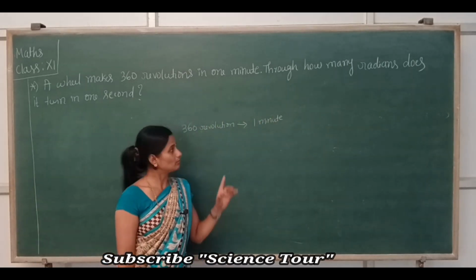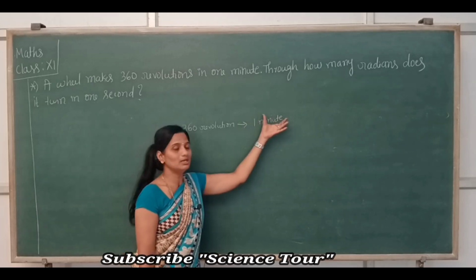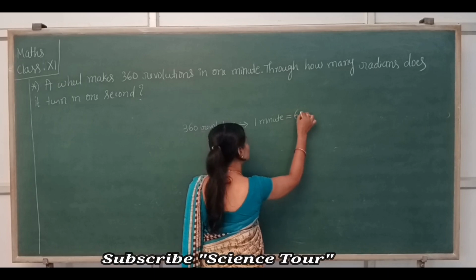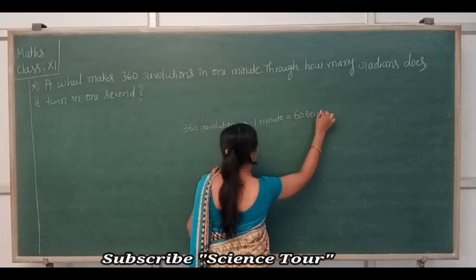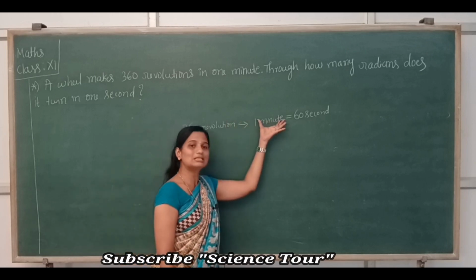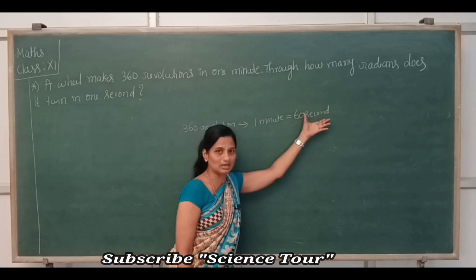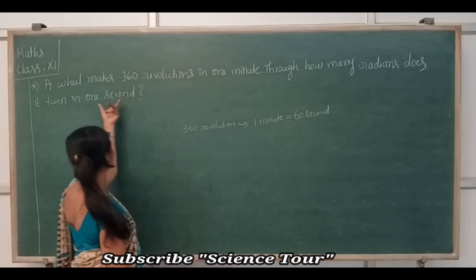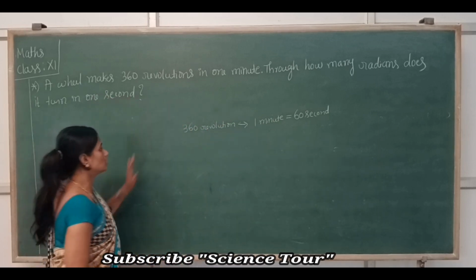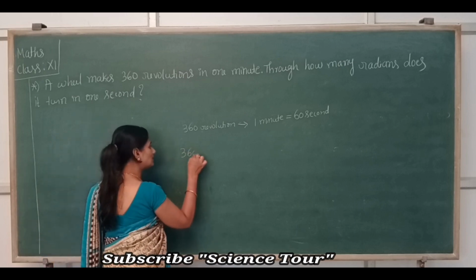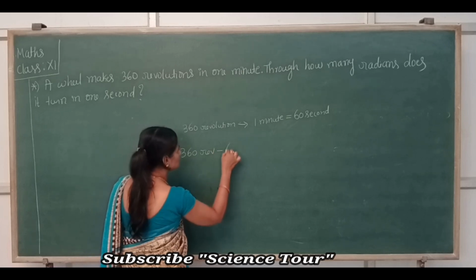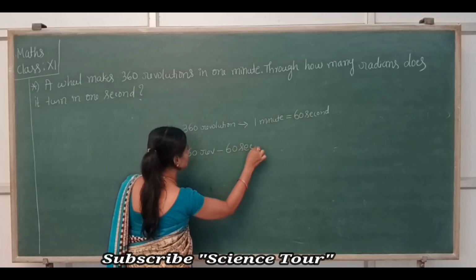We know that 1 minute is equal to how many seconds? 1 minute is equal to 60 seconds. Is it right? So first convert this 1 minute to seconds, because the answer is the angle for 1 second. So now here 360 revolutions, for 60 seconds.